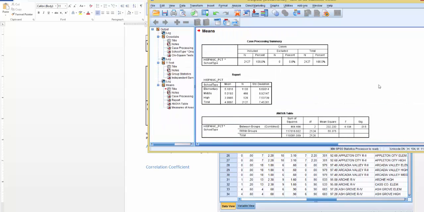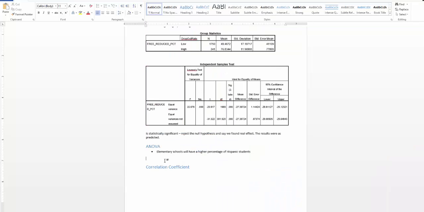And here are our results. We don't really need the case processing summary. That really doesn't tell us that much. We are going to click on the report, copy. We're going to go back here, paste it.